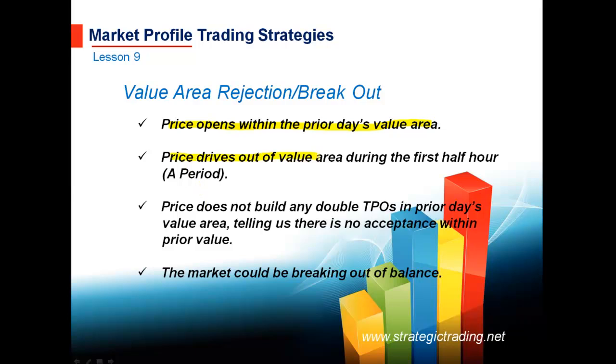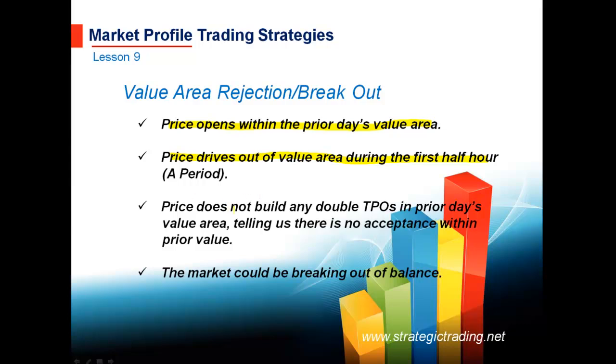Price drives out of the value area during the first half-hour period. Because the market is rejecting the prior day's value area, we will begin to see that the market wants to move out of that area very quickly, and it will become apparent during that first half hour.